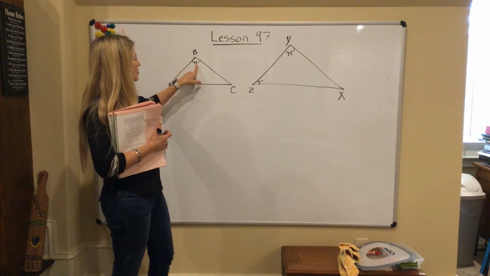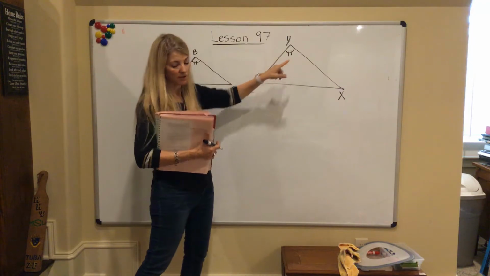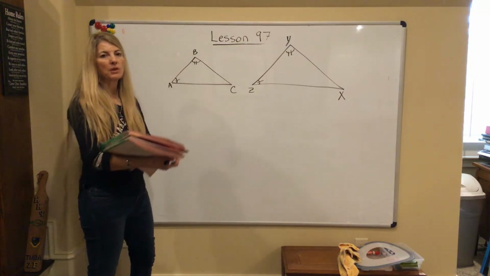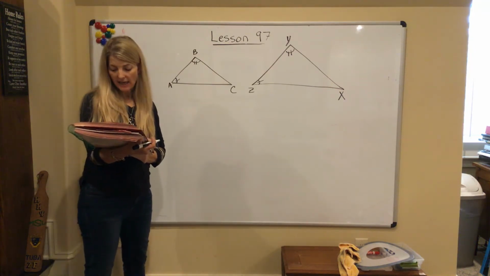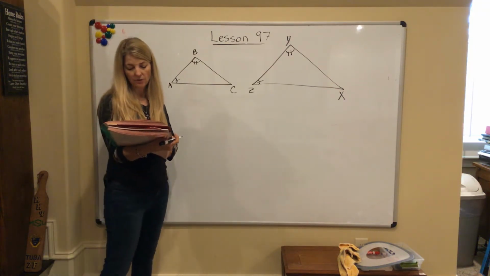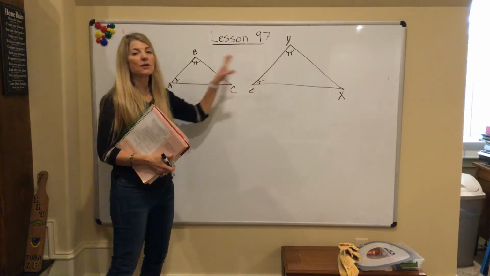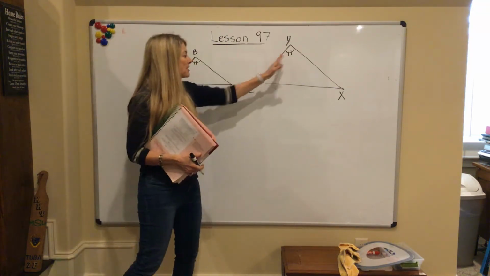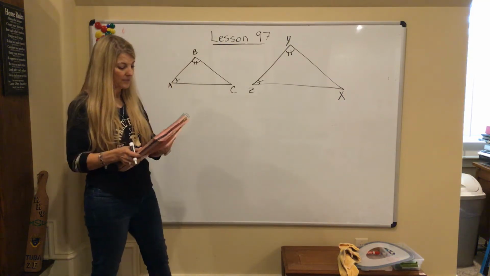Angle B has 2 and angle Y has 2, so the measure of those angles are the same. Now, in the book it says, recall from lesson 18 that corresponding angles of similar figures have the same measure. So if these are similar triangles, then the measures of these angles have to be the same.